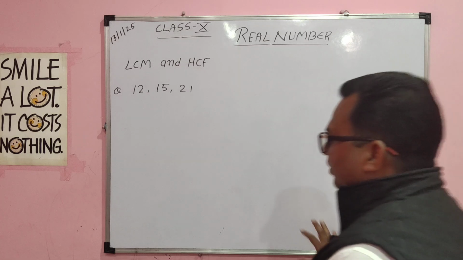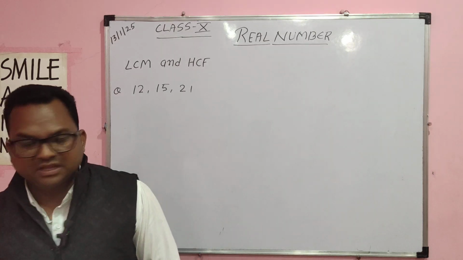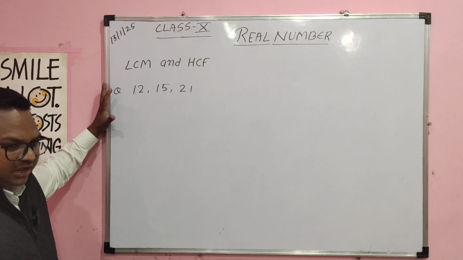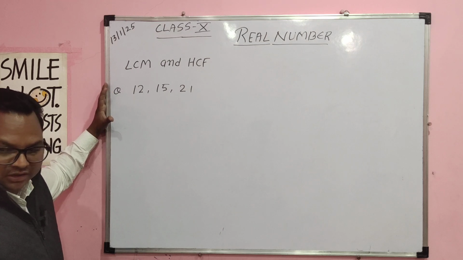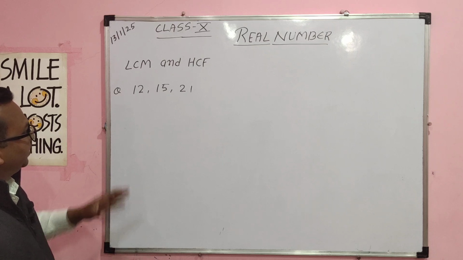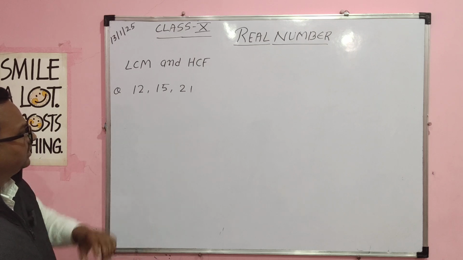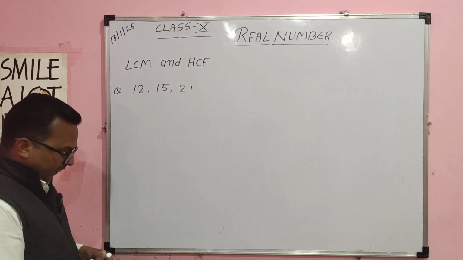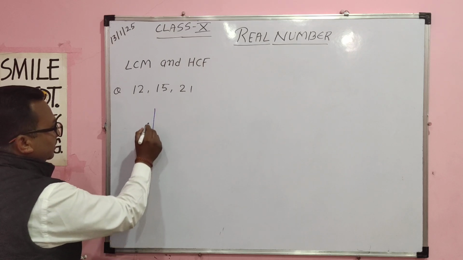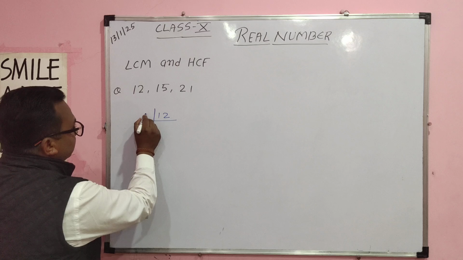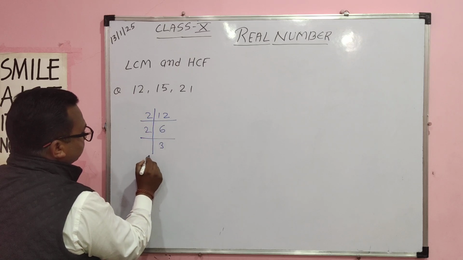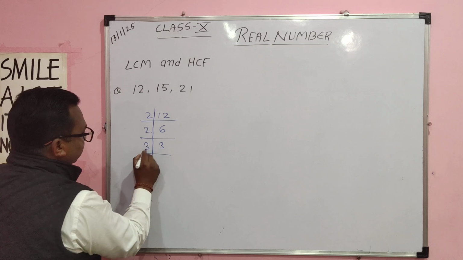So now we discuss the next question on LCM and HCF. LCM means lowest common multiple, and HCF means highest common factor. We have the numbers 12, 15 and 21. Firstly, find prime factors separately. For 12: 2 6s are 12, 2 3s are 6, and 3 1s are 3.